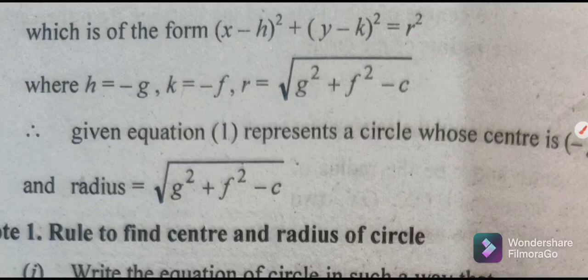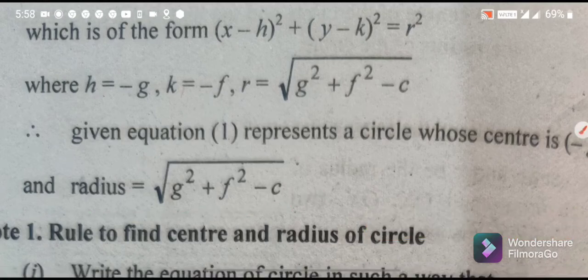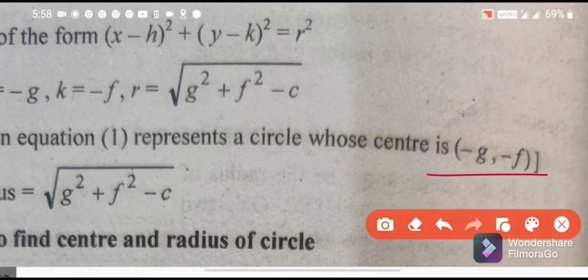For general form, radius is equal to under root of g square plus f square minus c, and center is equal to (minus g, minus f). Note down these formulas in your notebook.